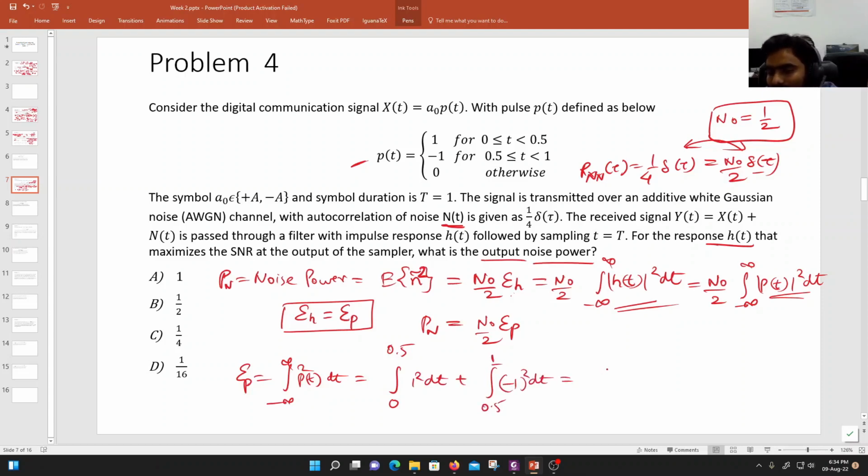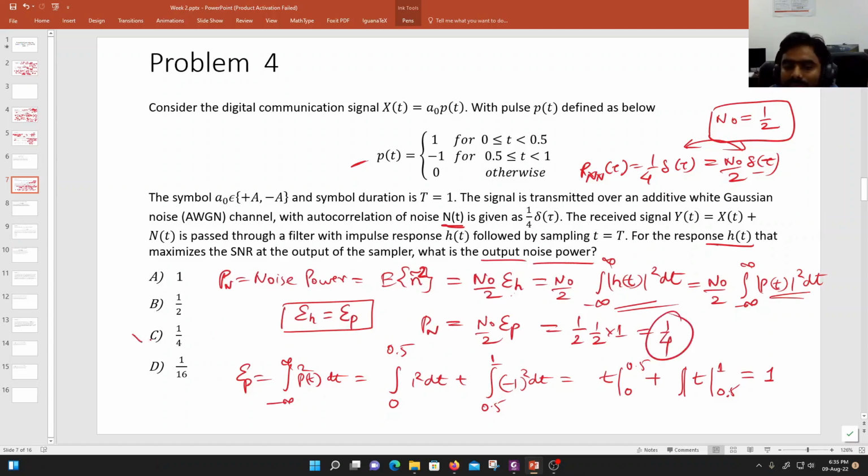Because minus 1 square is 1, it would be 1 only. So EP is 1 and N naught is half, so you will get 1/4. So the C option is correct.